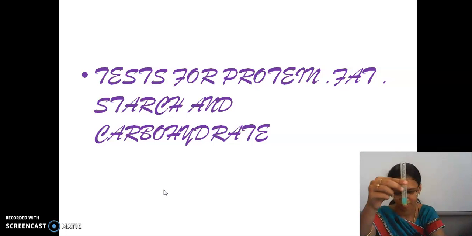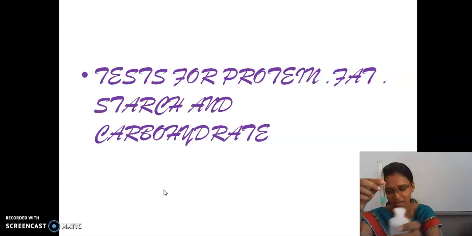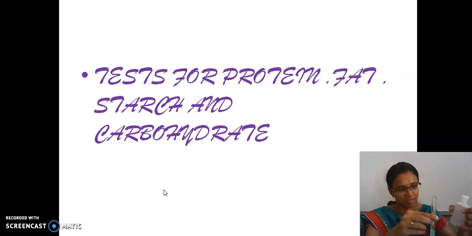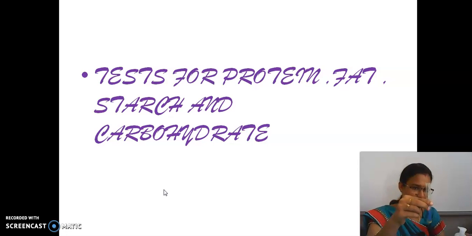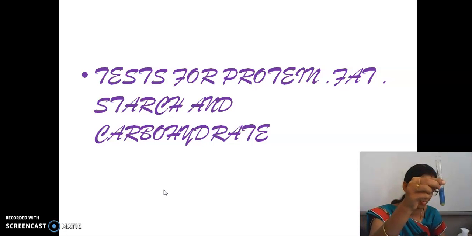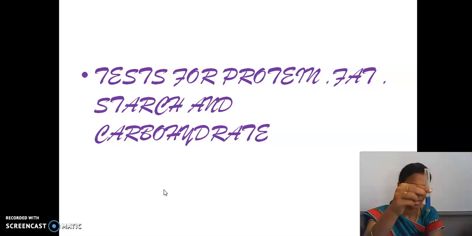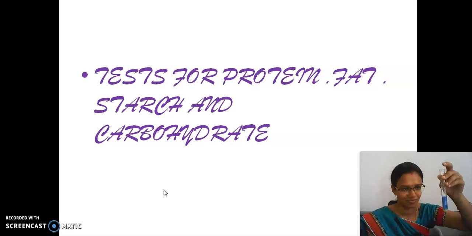Next, NaOH. You are going to see violet color, right? So, I will keep this in the test tube holder.